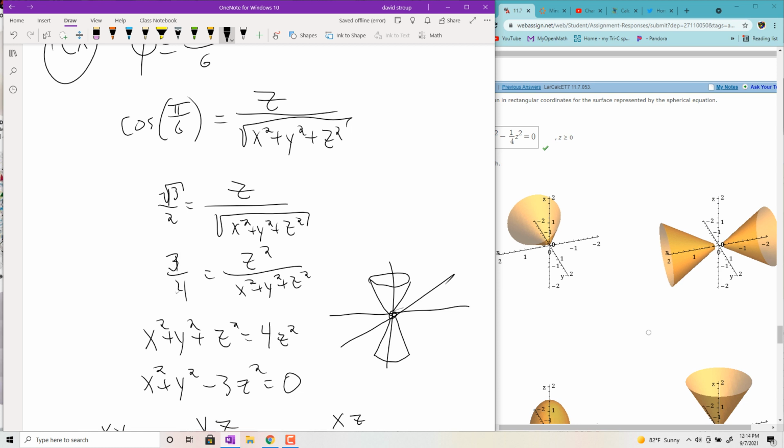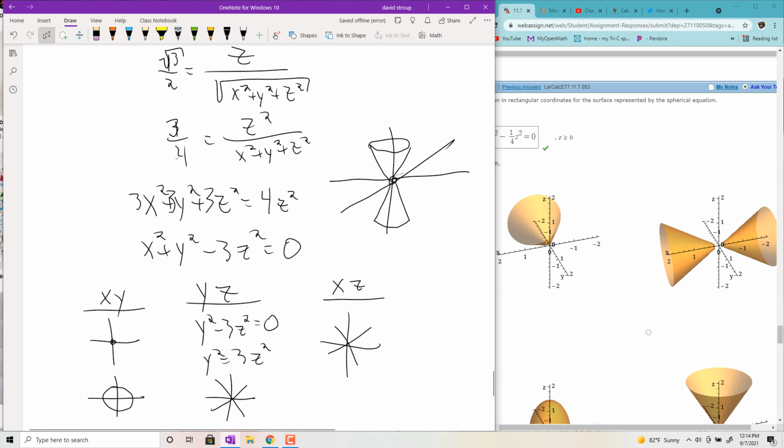So this would just be 3/4, and then this would be 3s across the board: 3, 3, 3, and then 4z. So this would be 3, 3, and then minus 1.